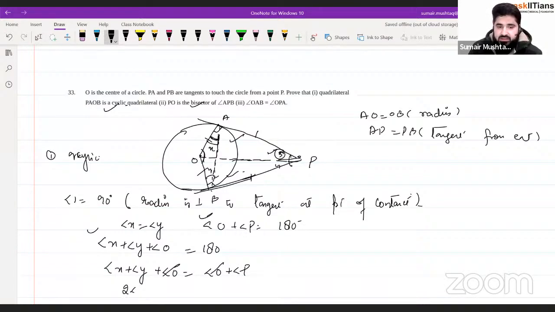X is equal to Y. So I will write 2 times angle X, because this is equal to Y, is equal to angle P, right?